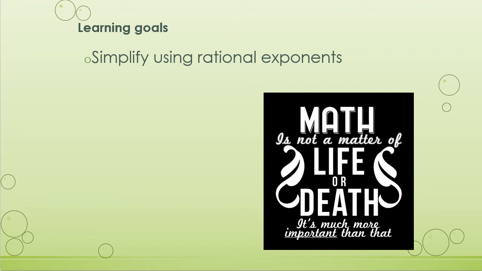So I do want to stress again, this is more about you using the laws and rules than about using your calculator. You can certainly use your calculator to check your answer, but just like that first unit where a lot of you lost marks for not showing how, you need to make sure that you show how or explain why.